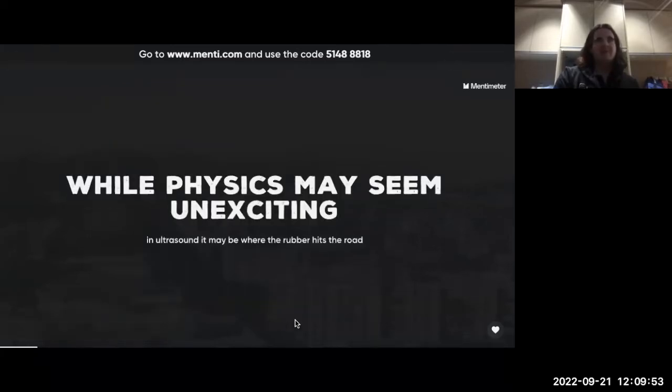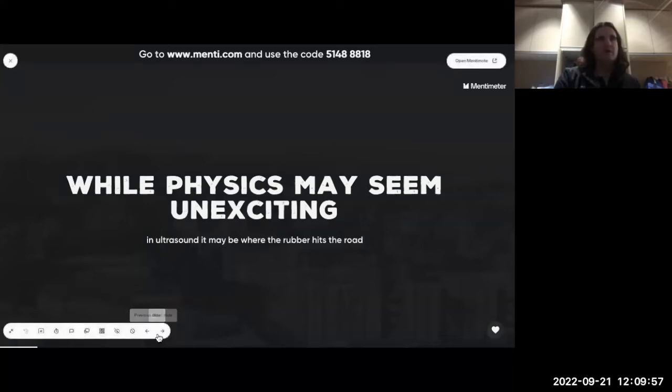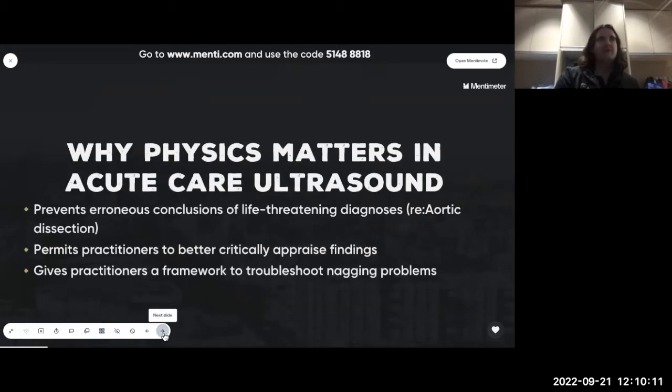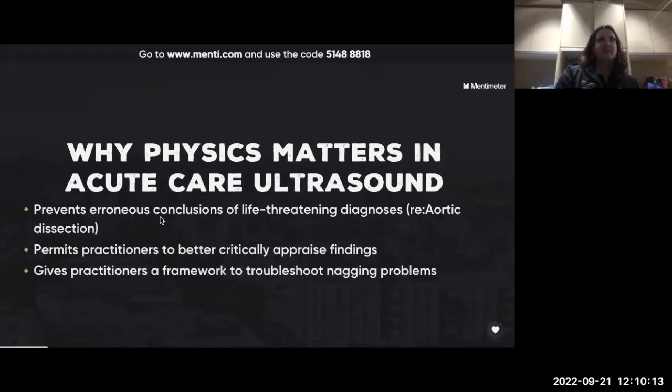Now, while physics may seem unexciting in ultrasound, as I mentioned, it can be where the rubber hits the road. There are certain calls that are difficult to make, but understanding how an image is generated and the potential pitfalls and confounders is really important to troubleshooting image generation, acquisition, interrogation. But effectively it can prevent erroneous conclusions and life-threatening misdiagnoses like aortic dissection, and you can better critically appraise findings and also give practitioners a framework to troubleshoot nagging problems.